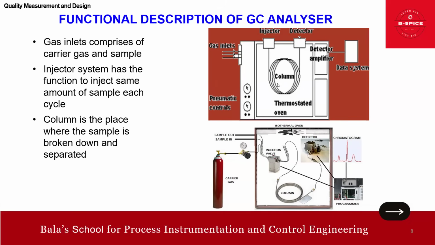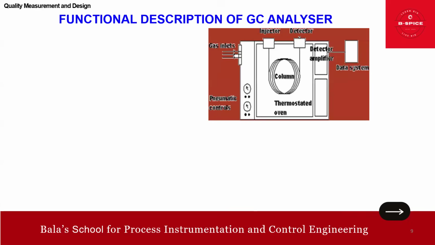The column is the place where the sample is broken down and separated. The detector is the place where the eluted sample is measured. What is elution? Extraction of one material from another by washing with a solvent. So that eluted sample is measured. That is the functional description.